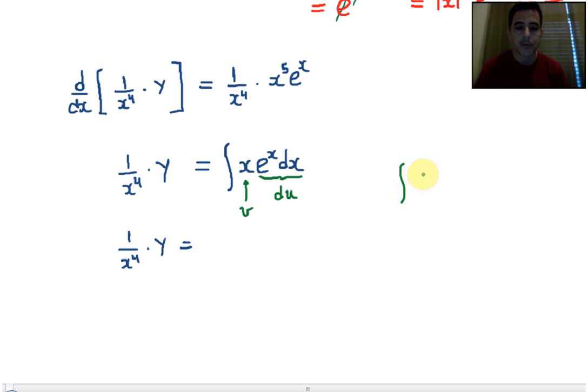So the integral of u dv or v du, doesn't matter, is u times v minus the integral of u dv.